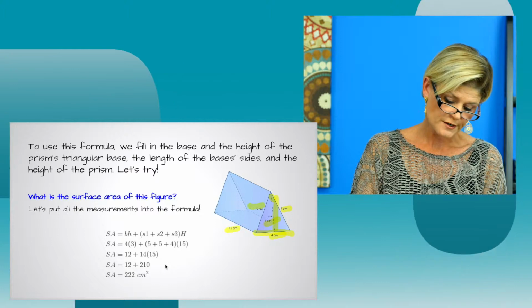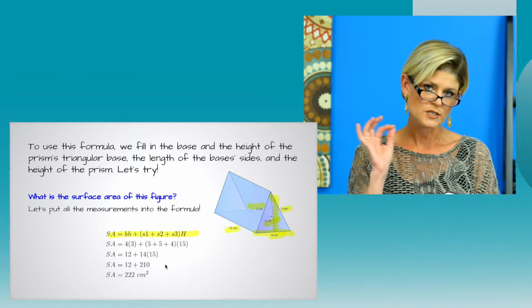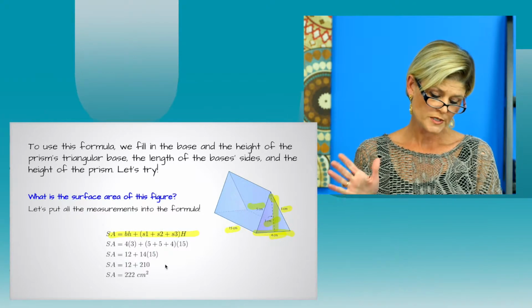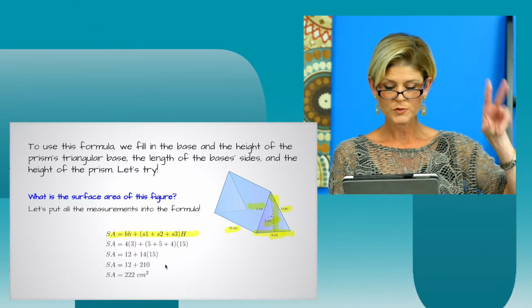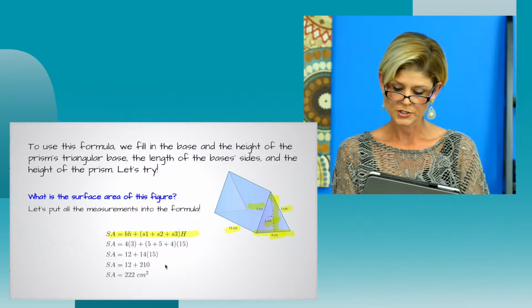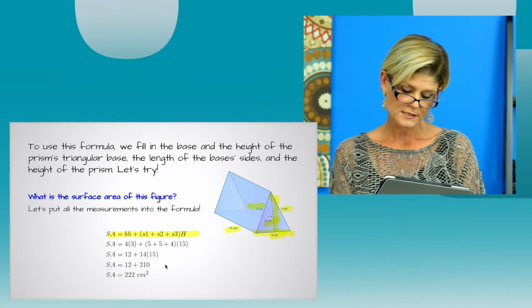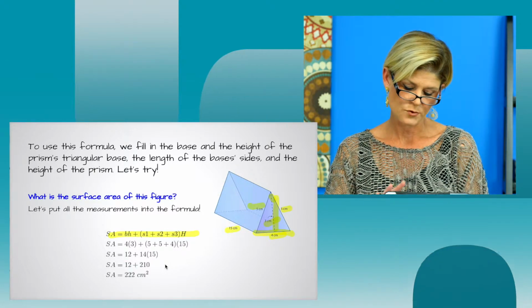We said that surface area equals base times height. Remember, 2 times 1/2 canceled out, so we're left with just base times height plus side 1 plus side 2 plus side 3 times h. First let's start with the simple one. Base times height, 4 times 3.